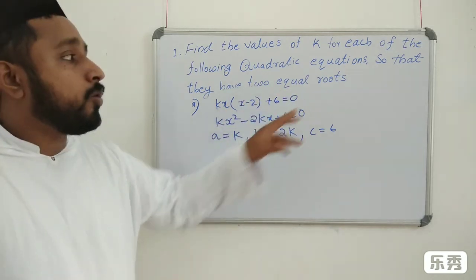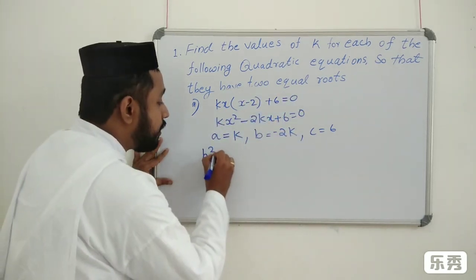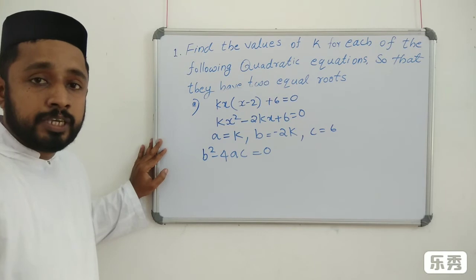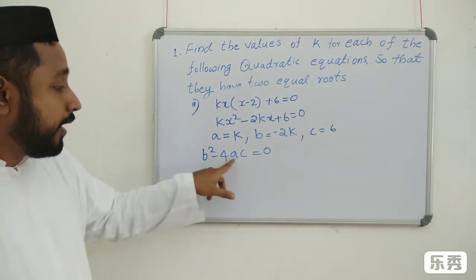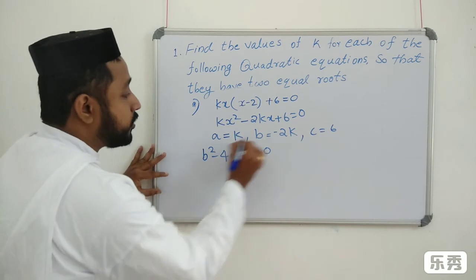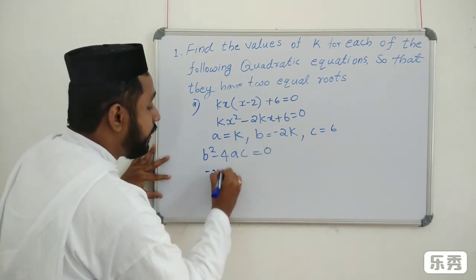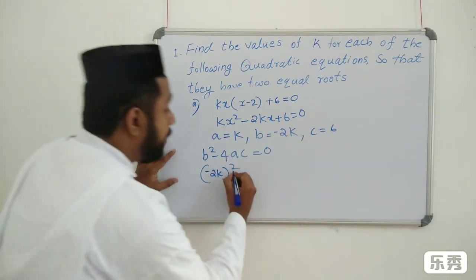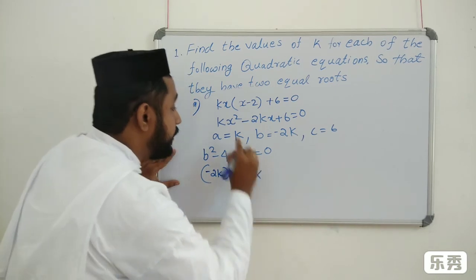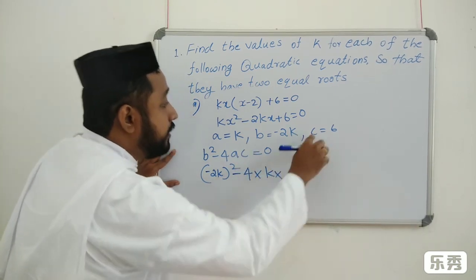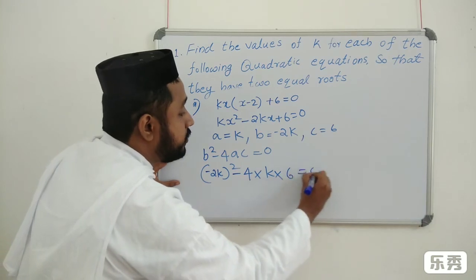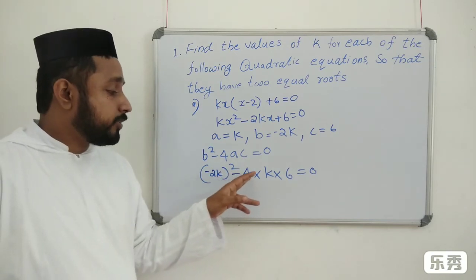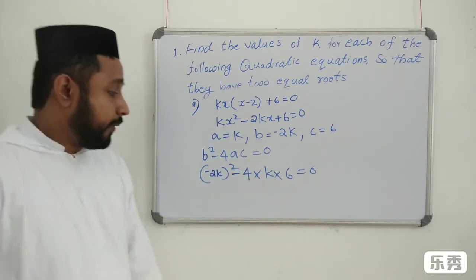We have two equal roots, therefore b square minus 4ac is equal to 0. Substituting the values of a, b, and c, b square means minus 2k whole square, minus 4 into a, which is k, into c, which is 6, equal to 0.